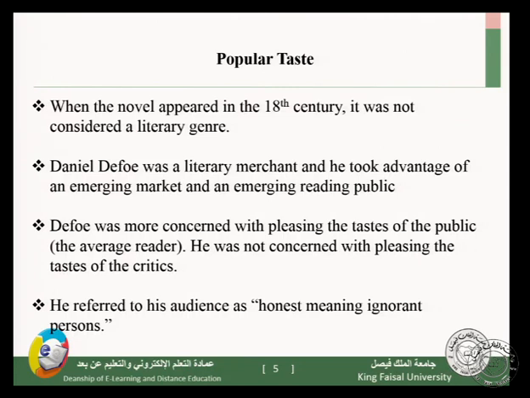As a result of the development of the printing press and the development of the middle class, there develops in Europe a popular taste in literature. In the Renaissance, there is no such thing as a popular taste. Taste is something that aristocrats have.